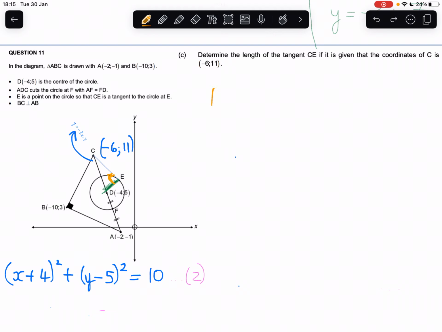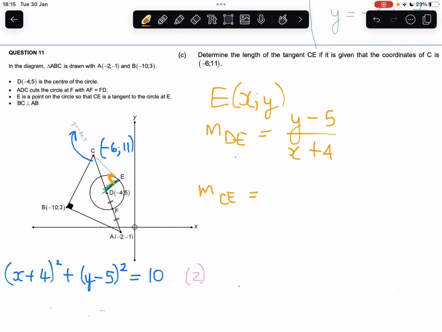Okay, so if the coordinates of E are (x, y), we know that the gradient of DE will be (y - 5) divided by (x + 4), and then the gradient of CE will be (y - 11) divided by (x + 6).